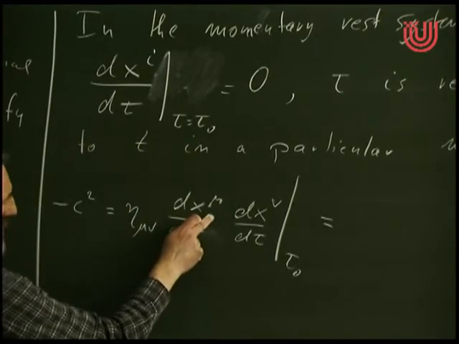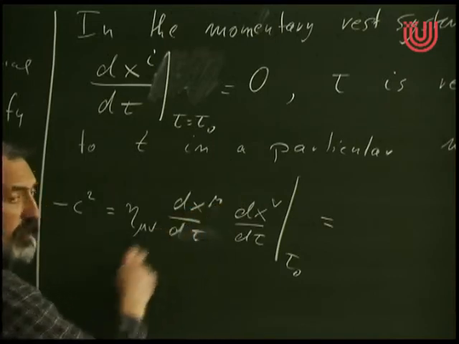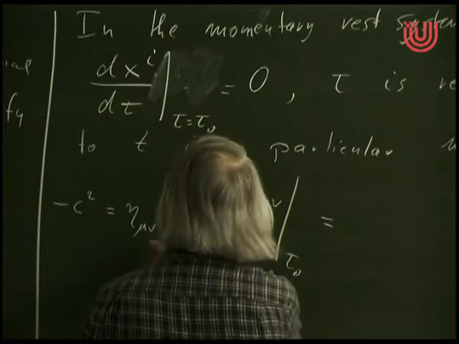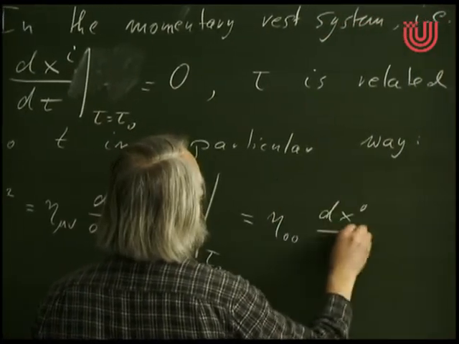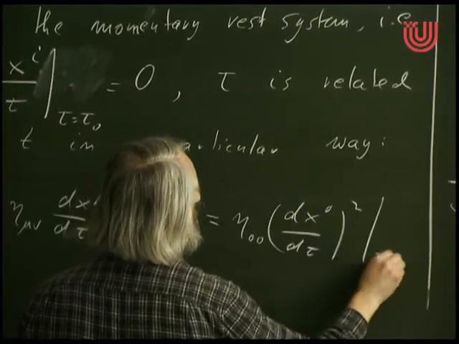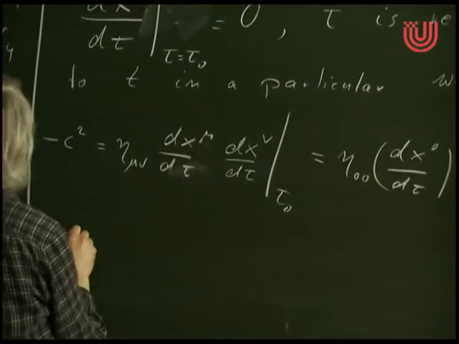So the only terms which give a contribution are the ones where the index mu and nu take the value 0, because the other terms go away. So I only have the first term, eta naught naught, dx naught by d tau squared at tau naught. And this, of course, is minus 1.